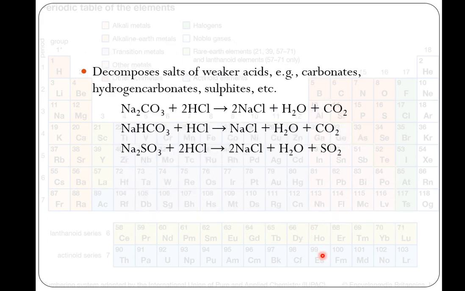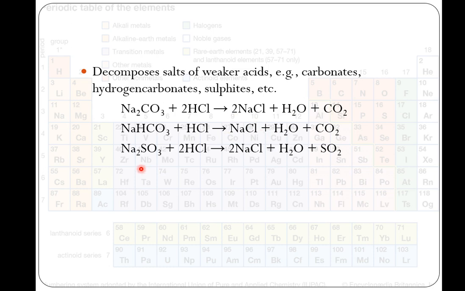It decomposes salts of weaker acids, for example those of carbonates, bicarbonates and sulfides. You can see the decomposition reaction. Sodium carbonate with HCl gives sodium chloride, water, carbon dioxide. Similar are the products with hydrogen carbonates.